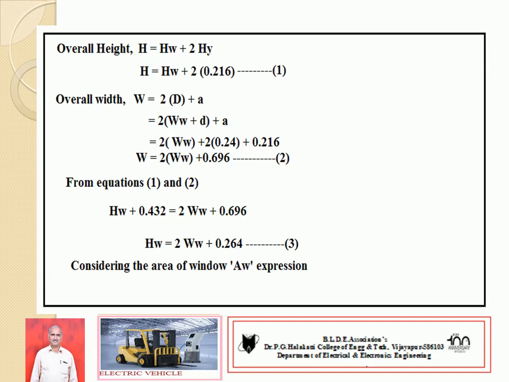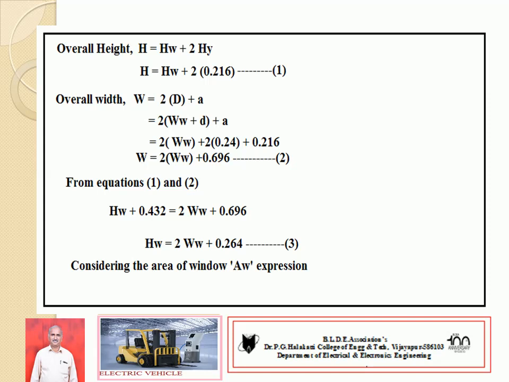Similarly, develop the expression for overall width. So overall width W equal to 2 times D plus A. Capital D is the distance between adjacent core centers. This D is equal to WW plus D, that is width of window plus diameter of circumscribing circle.